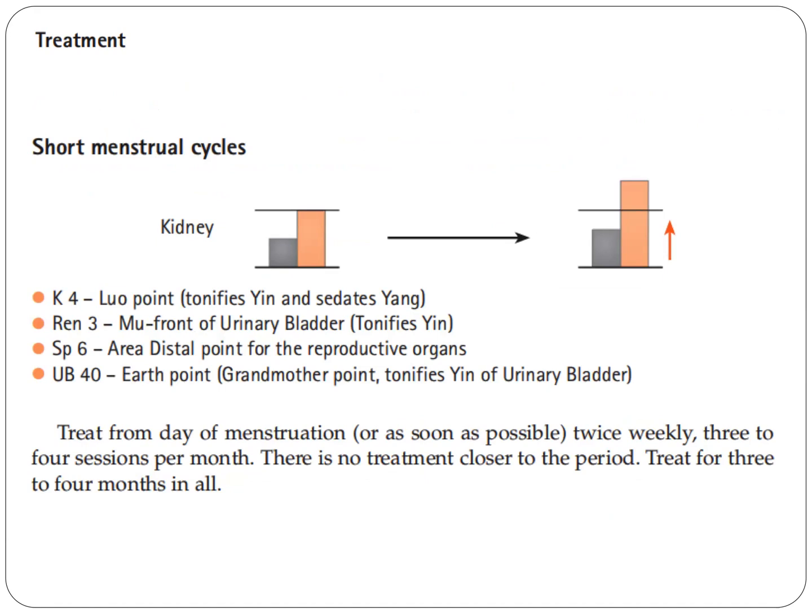And UB40, earth point, grandmother point, tonifies yin of the urinary bladder. Treat from the day of menstruation or as soon as possible, twice weekly, 3 to 4 sessions per month. There is no treatment closer to the period. Treat for 3 to 4 months in all.